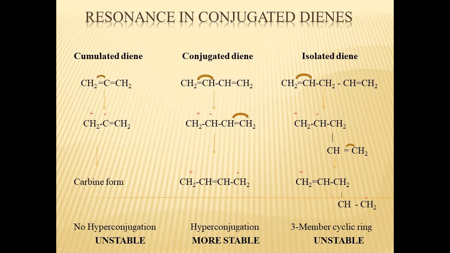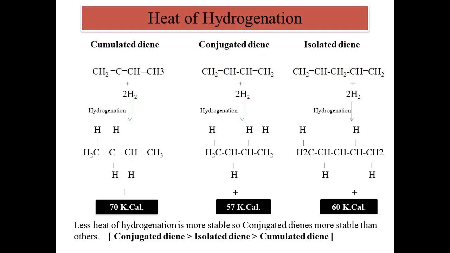The third and fourth carbon also break that bond, forming a plus and minus. So it is more stable, because more resonance structures are obtained. This is also evidence of hyperconjugation. So the conjugated diene is more stable than the other dienes. The last evidence that the conjugated diene is more stable is heat of hydrogenation.